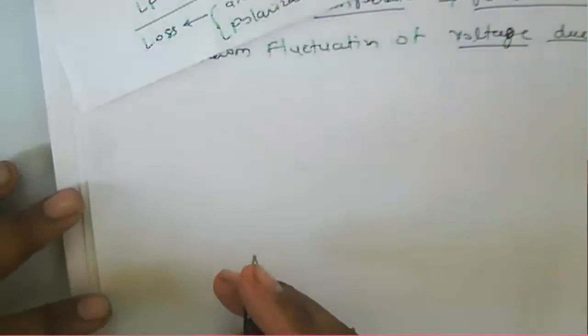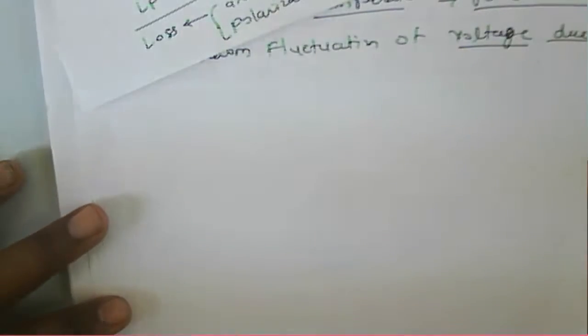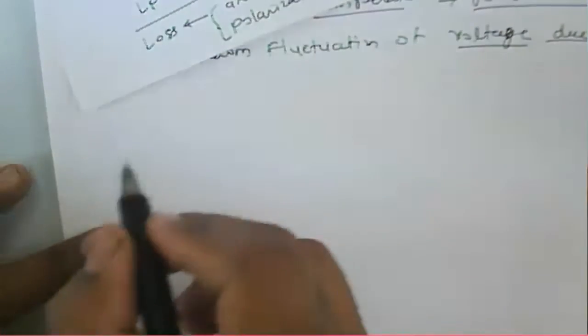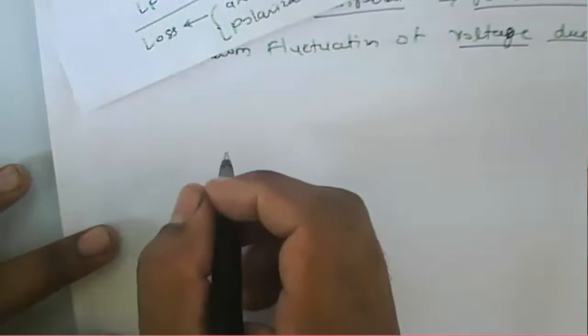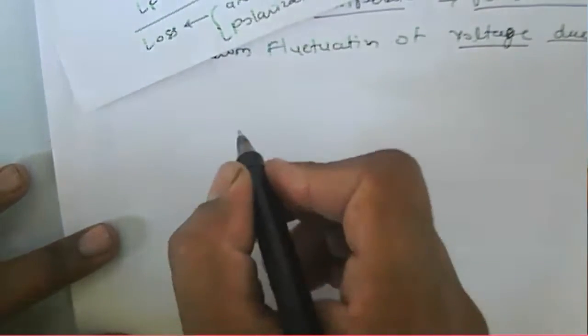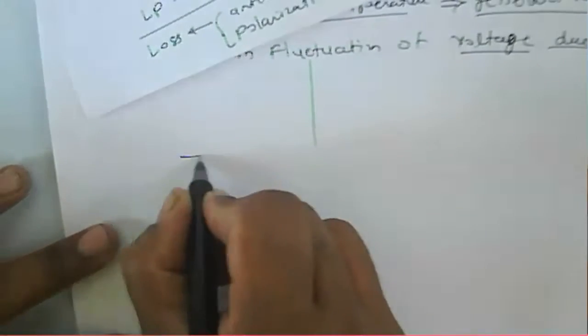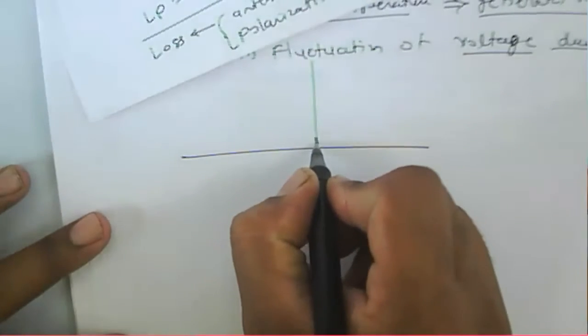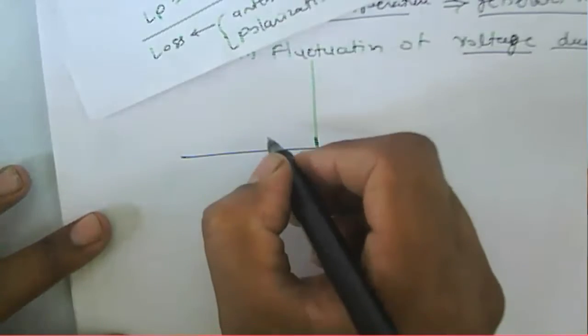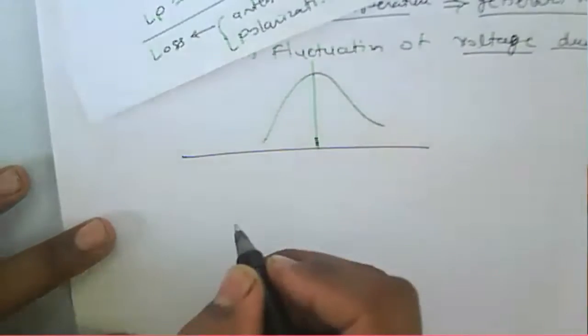If you consider this particular noise, it has a Gaussian probability distribution function with a mean of 0, and around that 0 the noise will be varying.